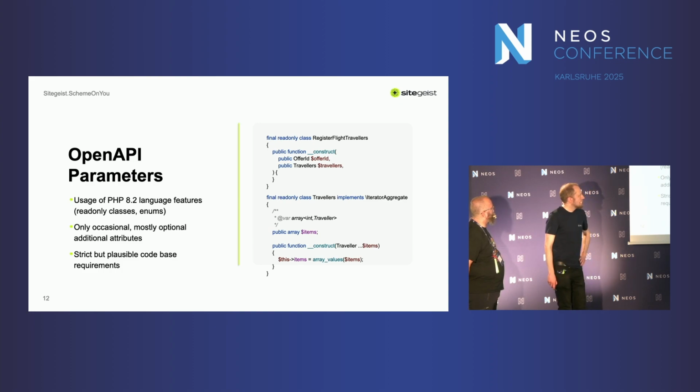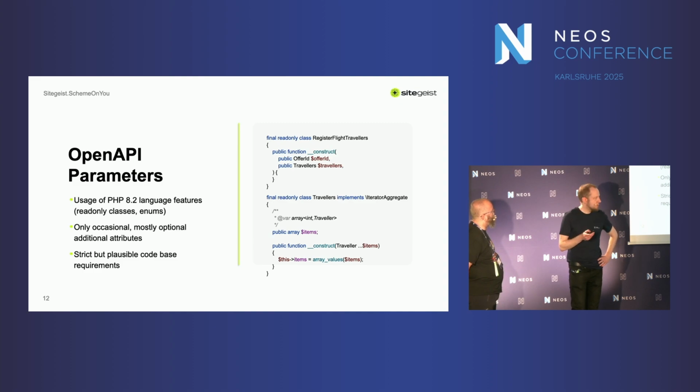Parameters. There are a few things you have to take care of. So we say, okay, let's write modern PHP, so you have to do that. We only accept final read-only classes. They're modeled as value objects, so they can also only consist of other value objects, in our case, and primitives are okay also.